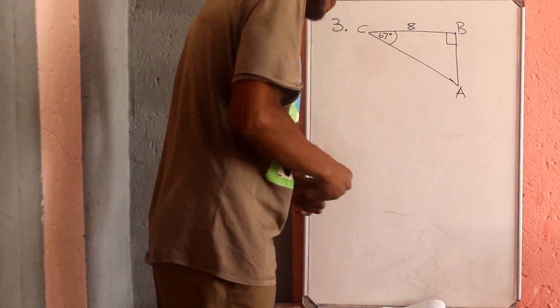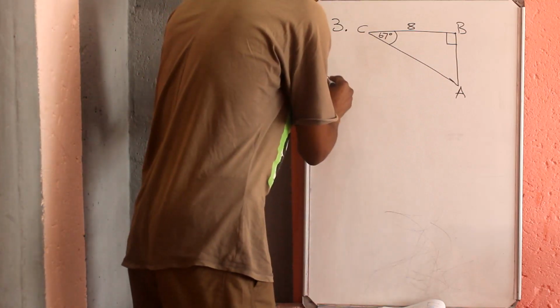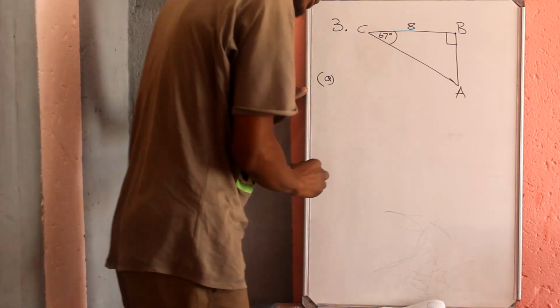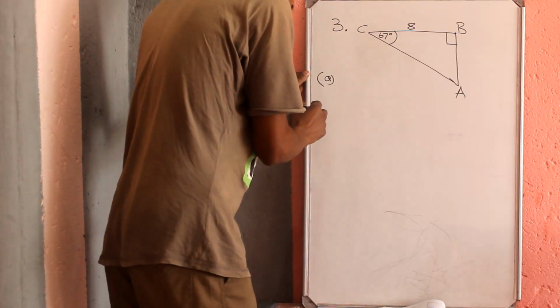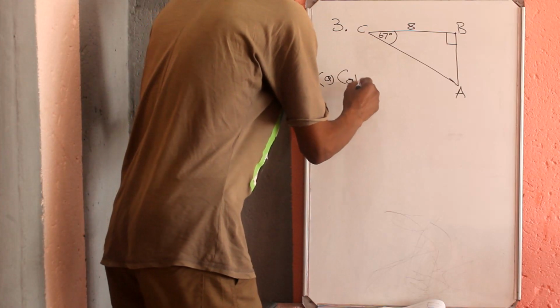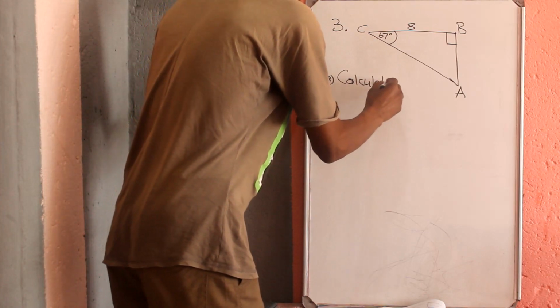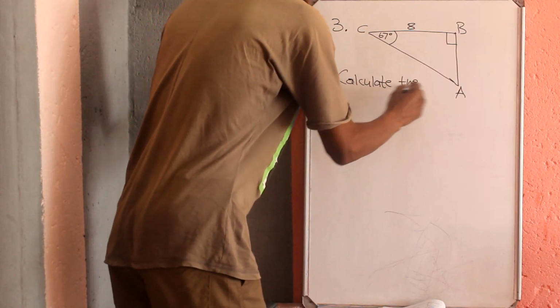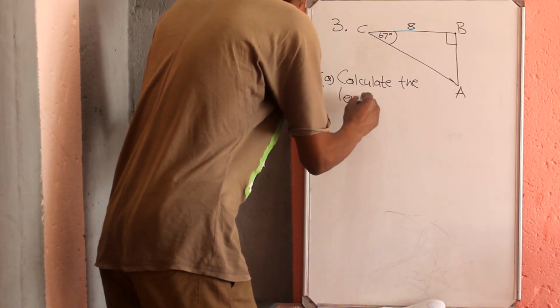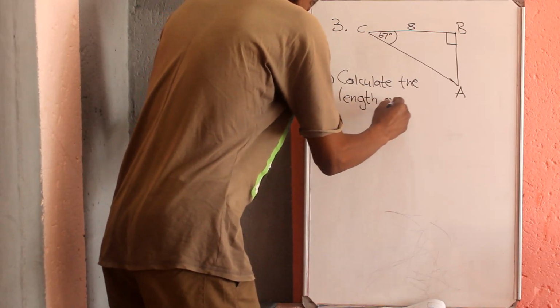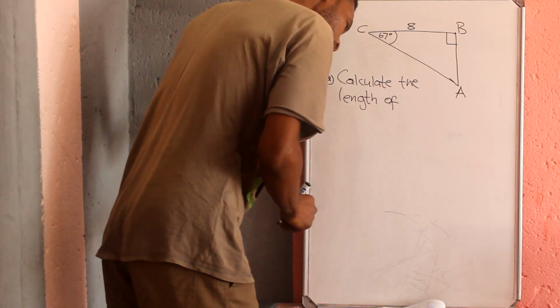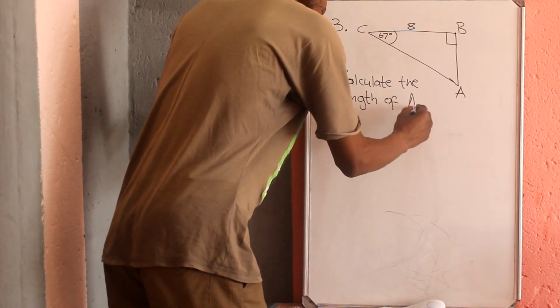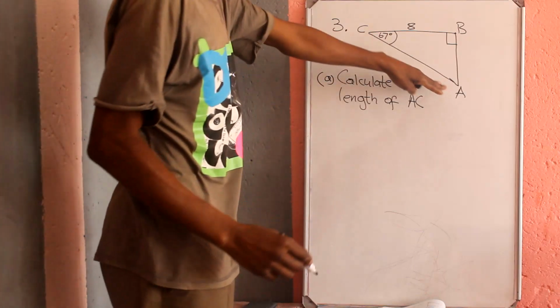The first question requested of us is A, which says calculate the length of AC. That means they need the hypotenuse.